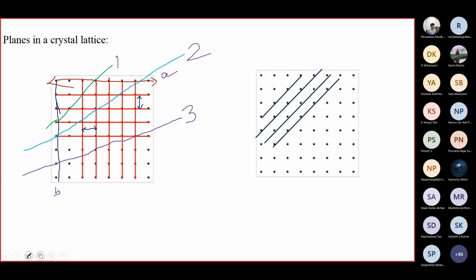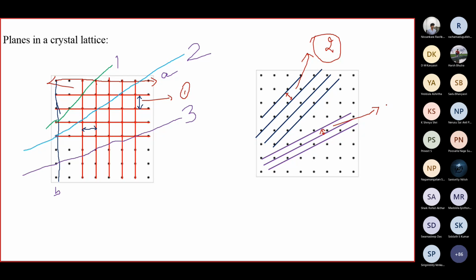So this is the distance between planes. So what do we see here? From this one, let's call this 1, call it 2, call this 3. What do you see? What is the difference in the system of planes?